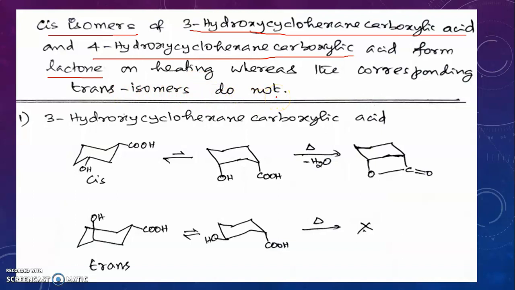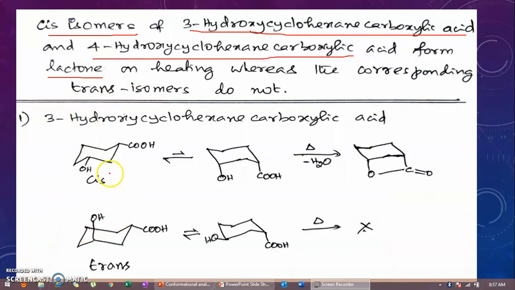What's the reason? For both 3-hydroxycyclohexane carboxylic acid and 4-hydroxycyclohexane carboxylic acid, the cis isomer forms lactone on heating, whereas the trans isomers do not. So I will take 3-hydroxycyclohexane carboxylic acid, the cis isomer.